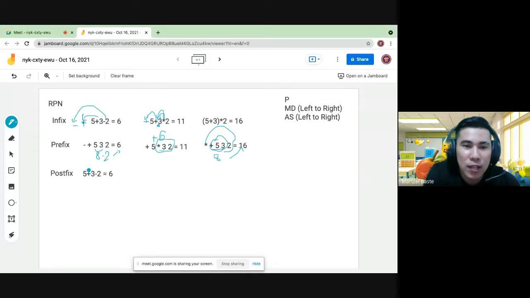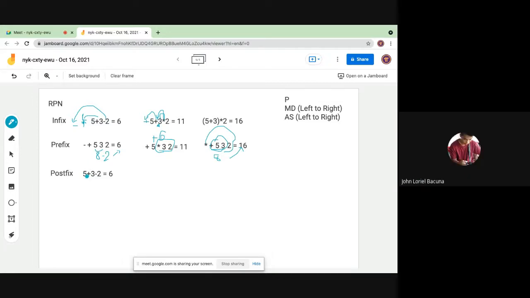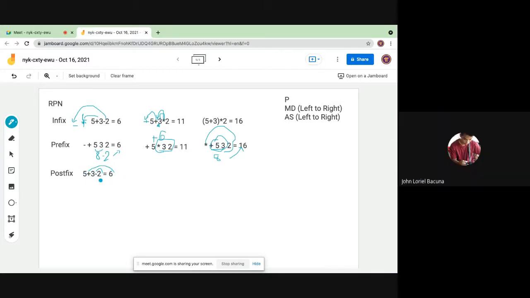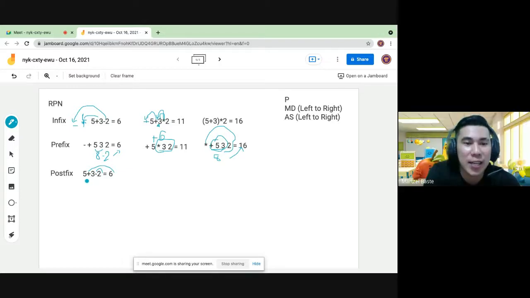So therefore, okay, left to right man, so unsay mahitabo sa atoa karon? May unahon na to move ani. Subtraction. Okay, subtraction, addition, or addition or subtraction. Either way around. Tama? Kay left to right lang man. Wala 6 gihapon changes. 6 naman gihapon. Very good.